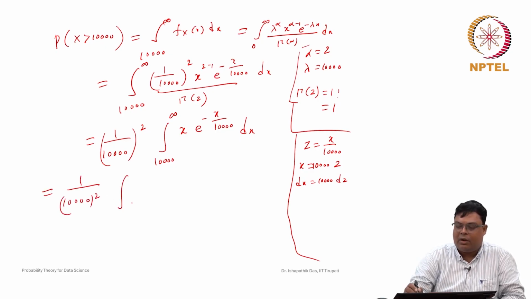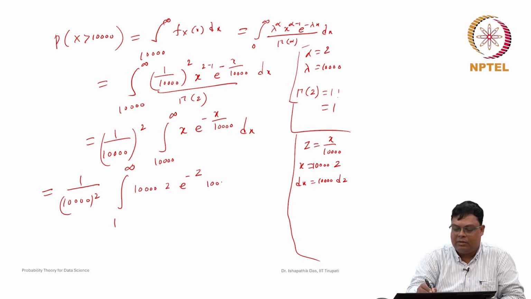So, limit whenever x is 10,000, z is 1, and whenever x goes to infinity, then z goes to also infinity, and then x is 10,000 into z, then e to the power of minus x by 10,000 is z, dx is nothing but 10,000 into dz.